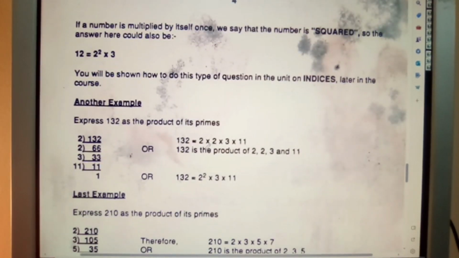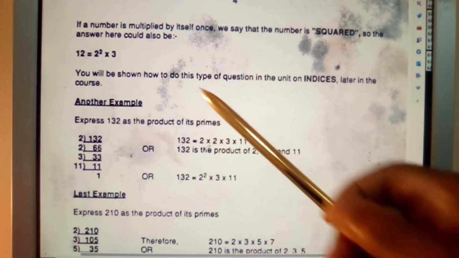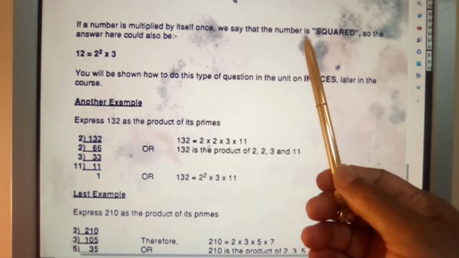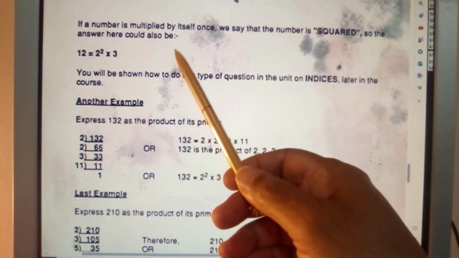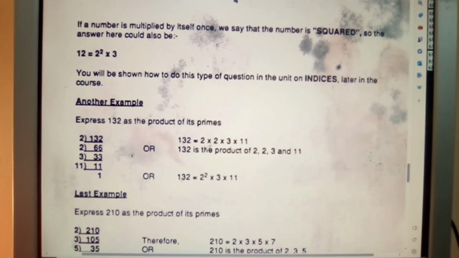And this is quite a short one. If a number is multiplied by itself once, we say that the number is squared. So the answer here could also be 12 equals 2 squared times 3. Yes. So remember, what they're saying here is that this 2 is squared.